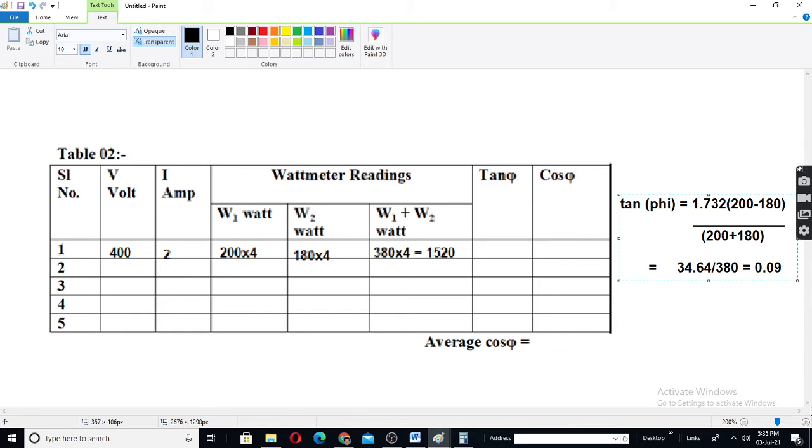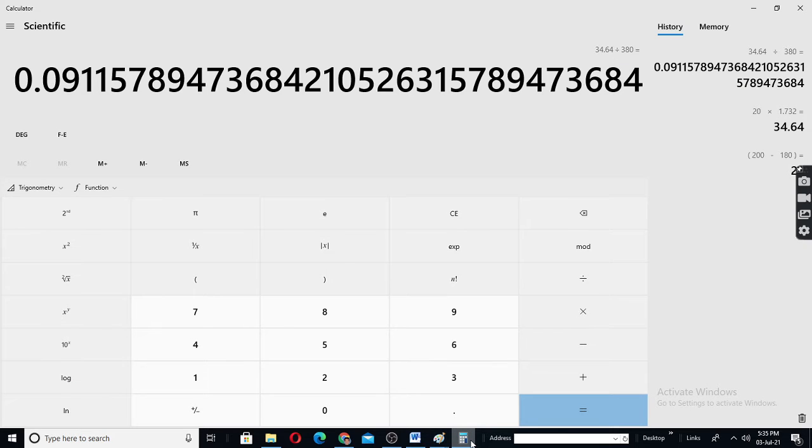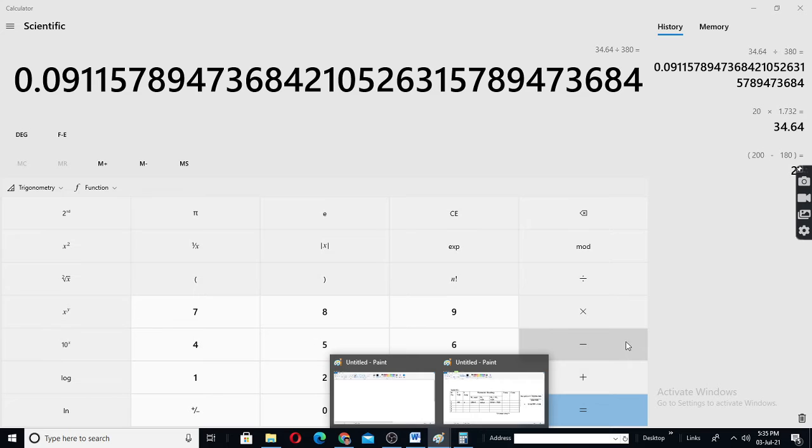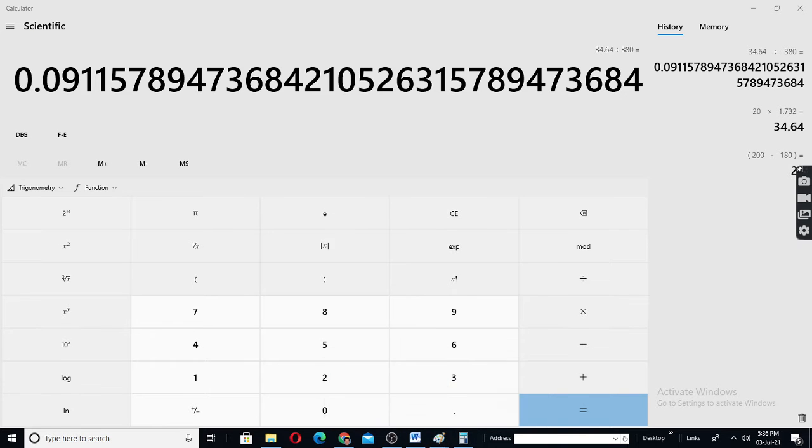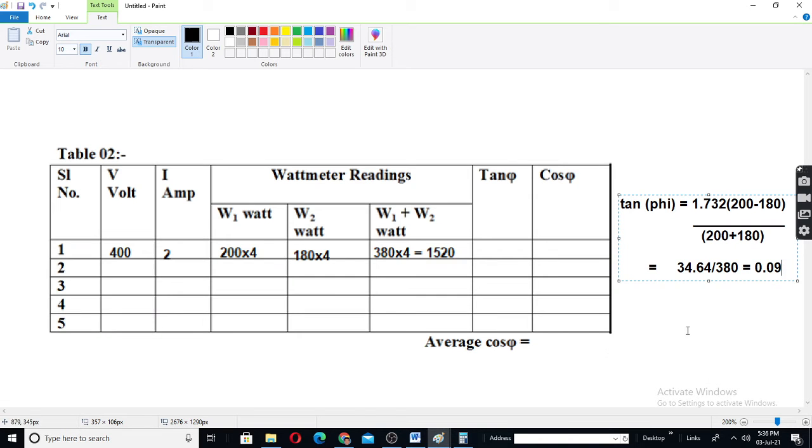Write at least three decimals. How much is it? 0.0911. Let us take four decimals. Since here it is 5, this will become 0.0912.